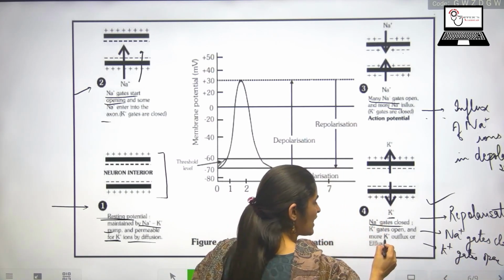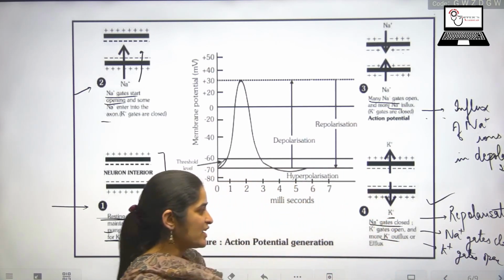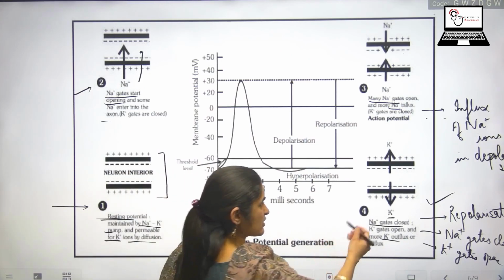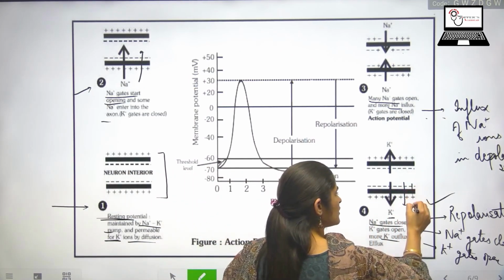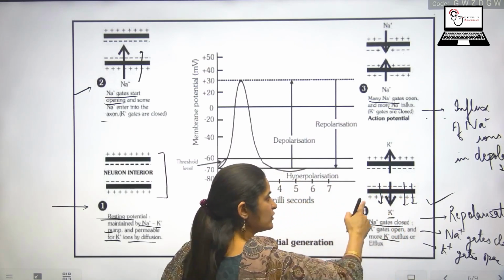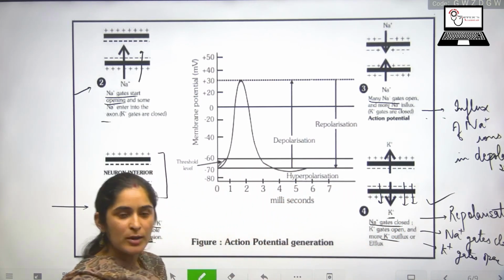Or you can say that more potassium ion efflux will take place, which means potassium ions will come outside the membrane, which will provide positive charge to the membrane.